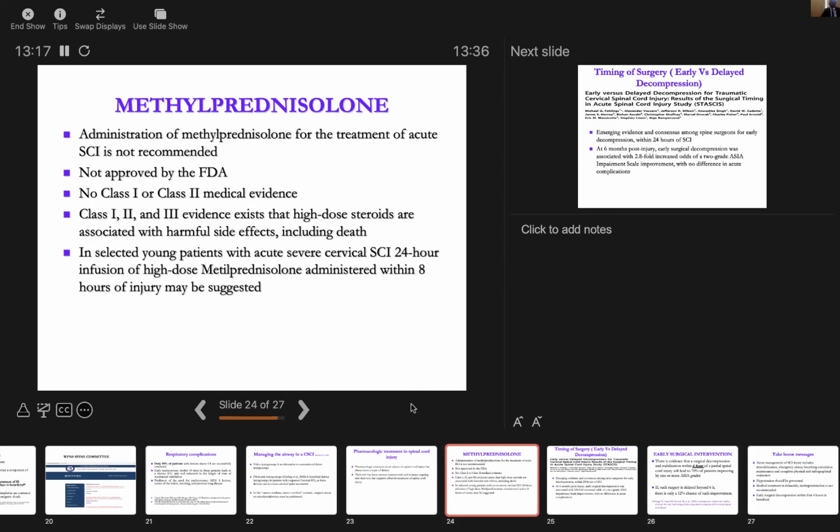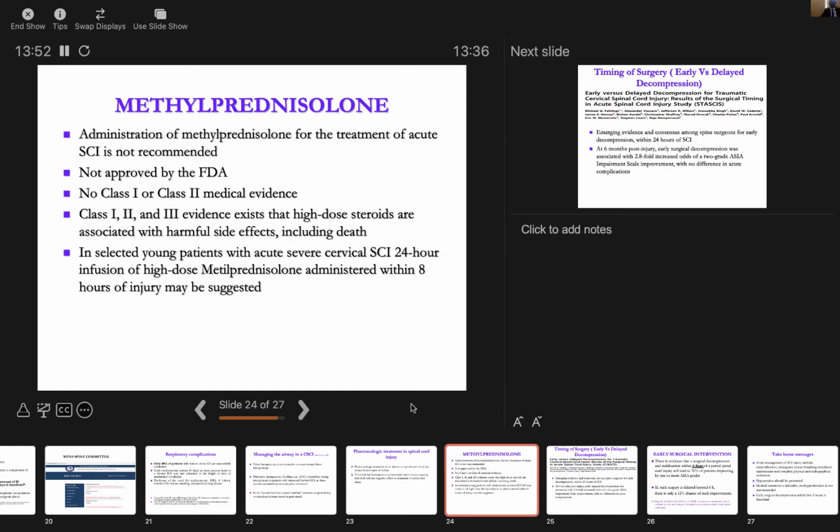For example, methylprednisolone, once used frequently, is found today not recommended for the treatment of acute spinal cord injury, not approved by the FDA, and there is no class 1 or class 2 medical evidence. And some class 1, 2, and 3 evidence conversely suggests that high-dose steroids are associated with harmful effects, including death.